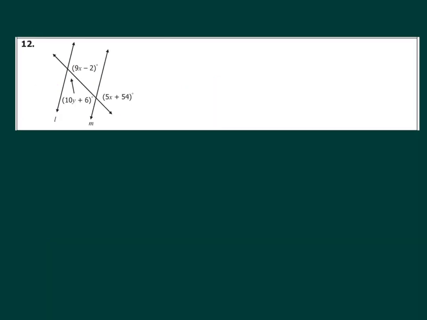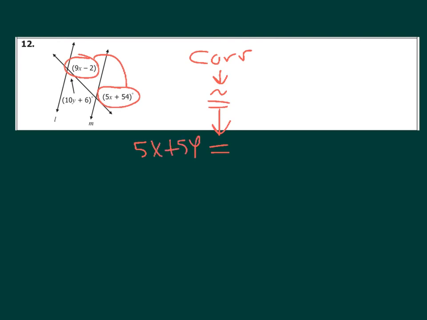And again, we are faced with a dilemma. Where do we start? I think we're going to start with the x's because we have two of those, and it looks like these two here are corresponding. Corresponding implies congruency. Congruency means we're going to set them equal. So 5x plus 54 is going to equal 9x minus 2.